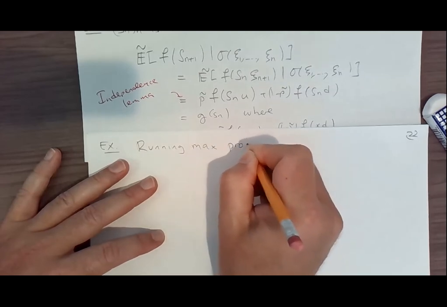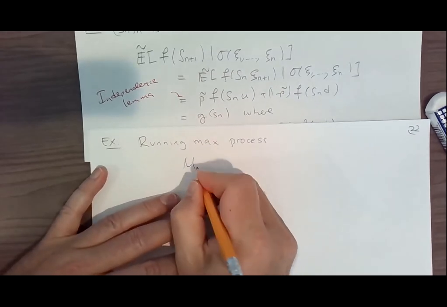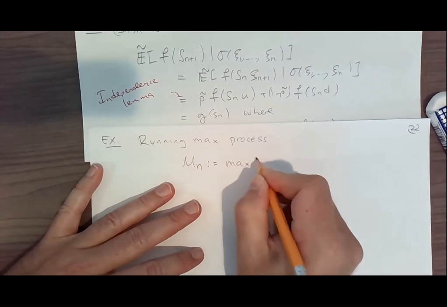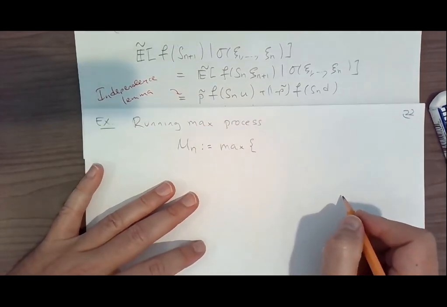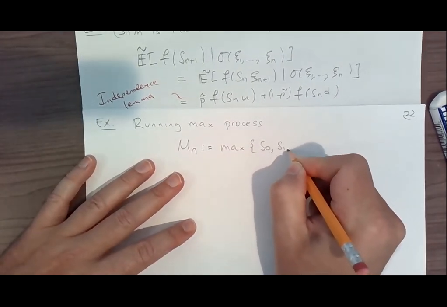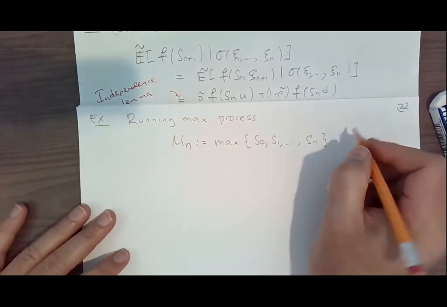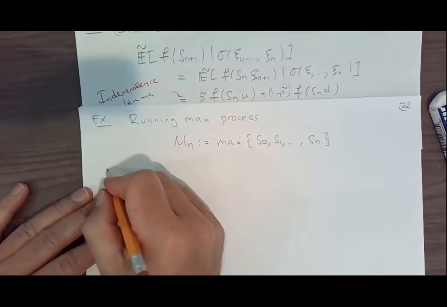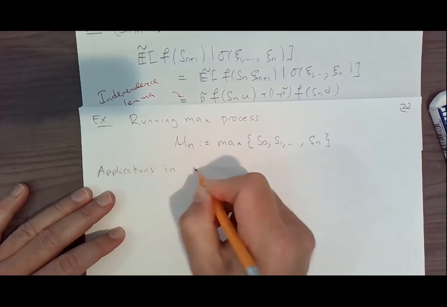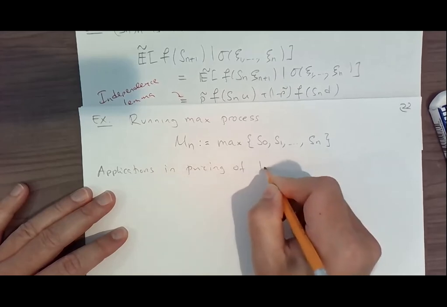The running max process. If I look at, say, Mn, this is going to be the maximum of the previous stock process, so S0, S1, up to Sn. This is the running max. And this has applications, for example, in pricing of lookbacks.